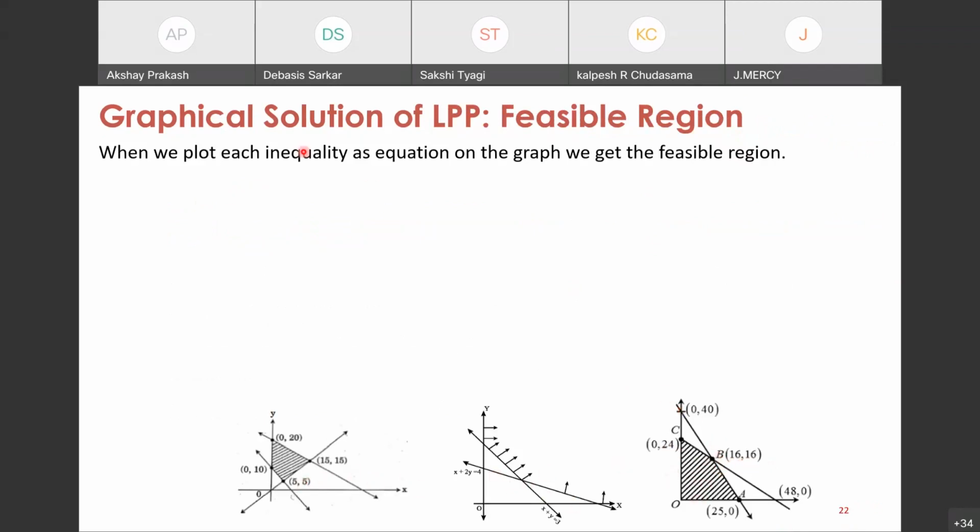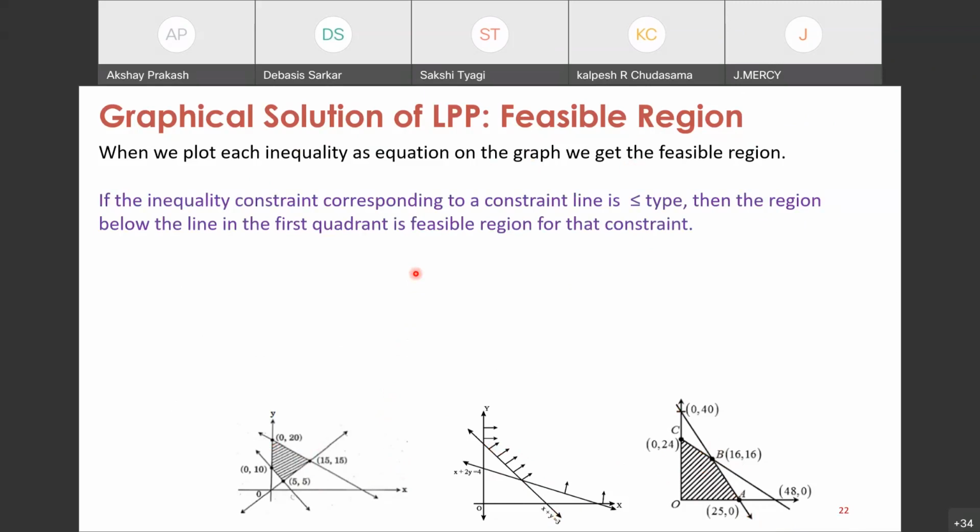So everywhere these inequalities have been drawn as equations. Now you can have both greater-or-equal-to type and less-or-equal-to type constraints.